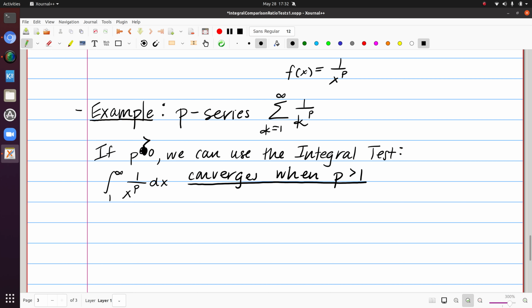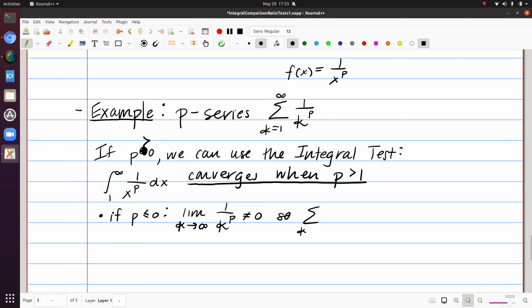But I'll also point out, what if p is less than or equal to 0? Well, in that case, you would be able to determine that the limit as k approaches infinity of 1 over k to the p would not be 0.